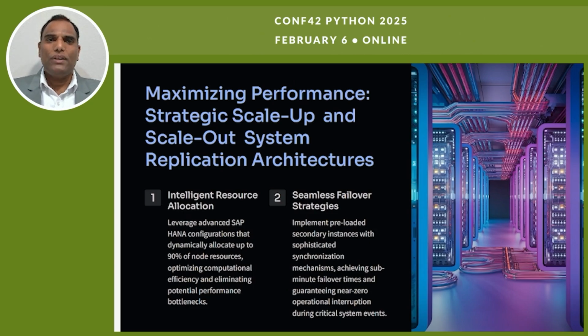Here we see how to achieve maximum performance using strategic scale up and scale out system replication architectures. First one is intelligent resource allocation. Leverage advanced SAP HANA configurations that dynamically allocate up to 90% of node resources like CPU or memory, optimizing computational efficiency and eliminating potential performance bottlenecks.